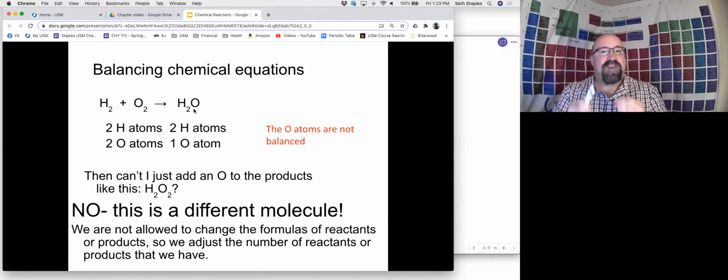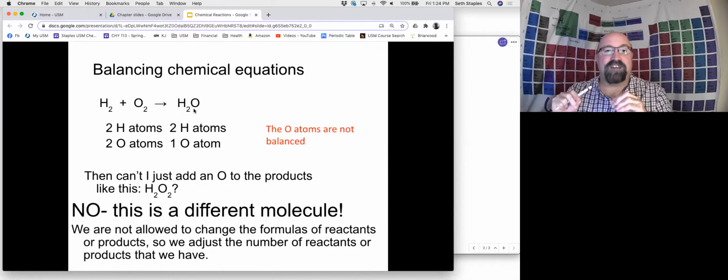Cannot do that. That is a totally different molecule now. Water is H2O. That's the very definition of what water is: 1 oxygen atom and 2 hydrogen atoms. And the equation that we're working with, the process that we're describing with this chemical equation, is the formation of water. So it must be H2O.